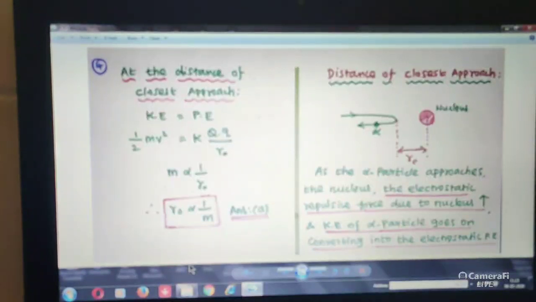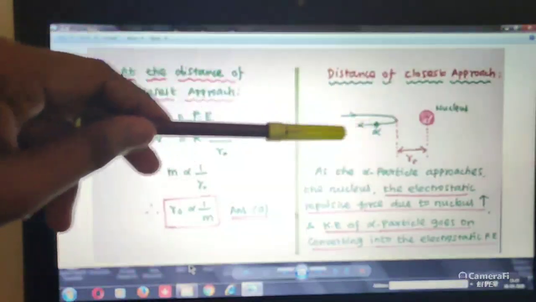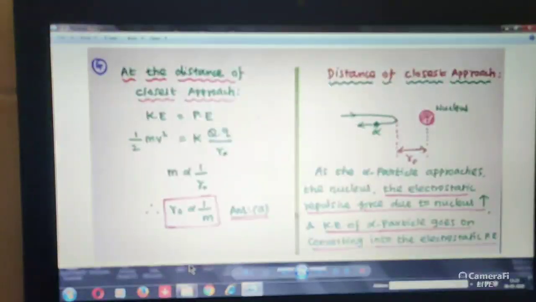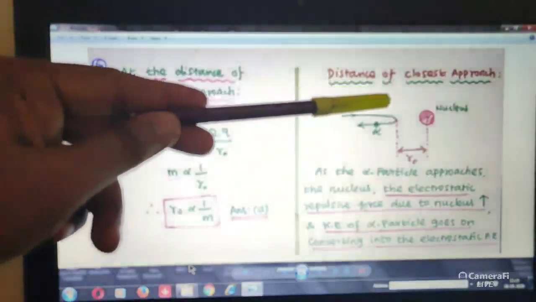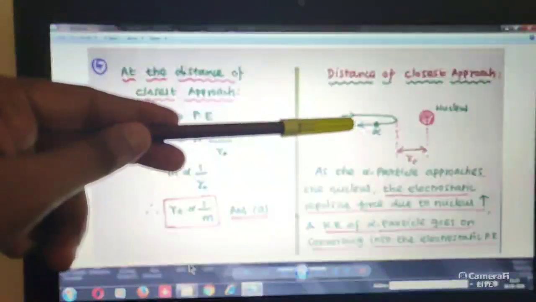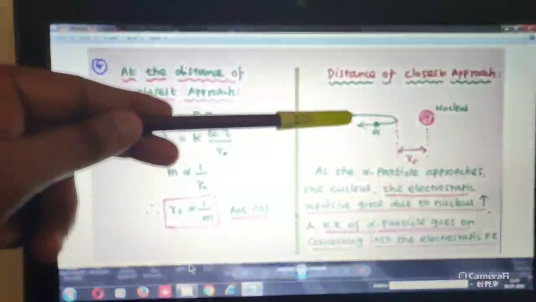Please listen. From the alpha scattering experiment, we know that many alpha rays move towards the nucleus, but only the alpha particle moving exactly towards the center of the nucleus will be returned back with 180 degrees.